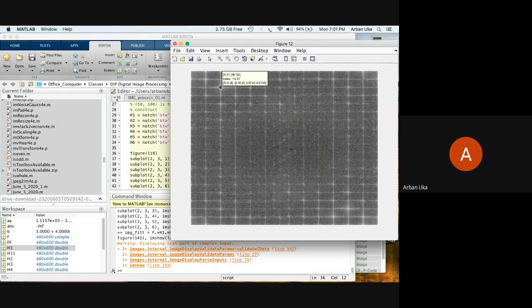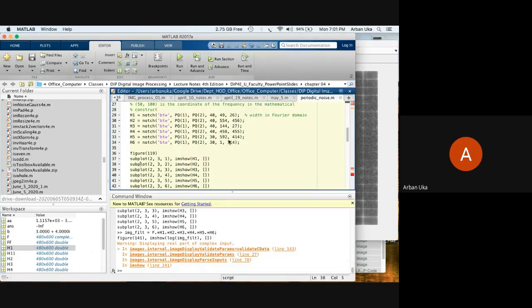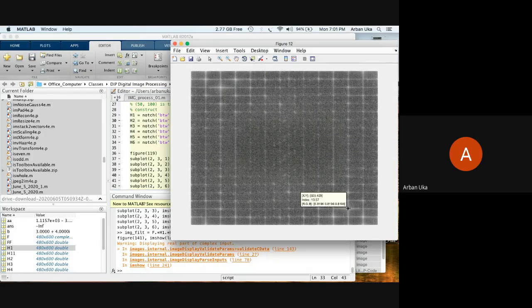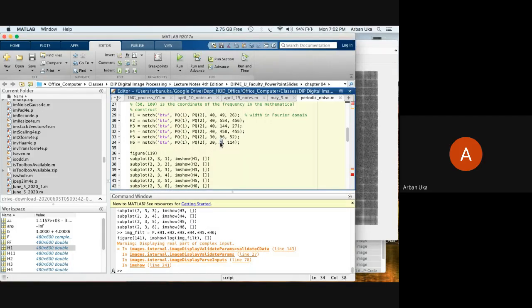So this one, 0.83, 87. And then we get the corresponding symmetric one. 0.7, this is 5.6, 430.